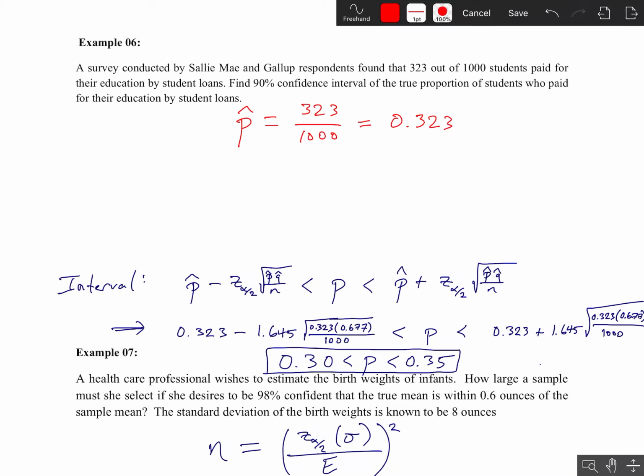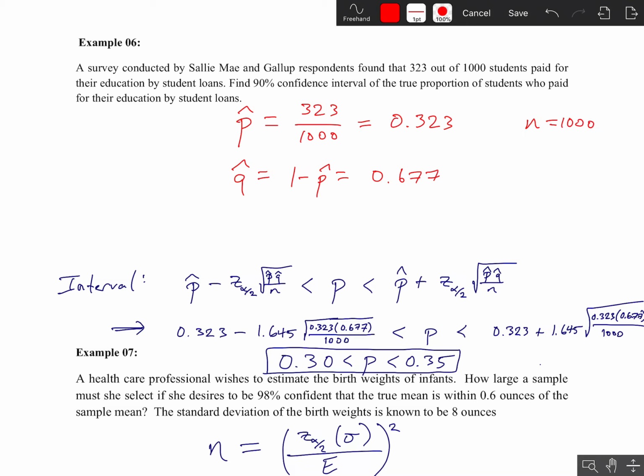So a proportion, just like a percentage, should always be some decimal or fraction between 0 and 1, or if you want to write it as a percentage, it'll be between 0% and 100%. So that would be p hat. q hat is 1 minus p hat, so that would be the proportion that did not pay by student loans, and that would be 0.677. Our sample size was 1,000.